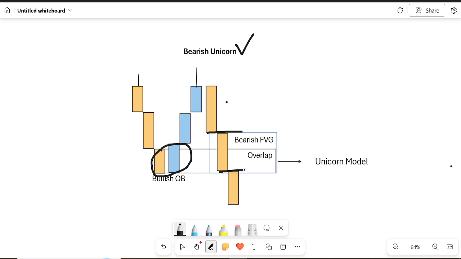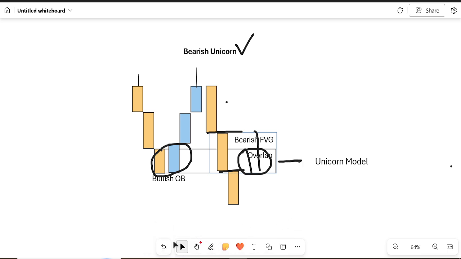We need to find the overlapping area between them, the common area where both these PD arrays meet or overlap. So here this is the total area of the fair value gap and this is the total area of the breaker block. Now this is the common area between the fair value gap and the breaker block. I mean the breaker block is completely overlapped by the bearish fair value gap. That is why this area will be called a unicorn model. It's a bearish unicorn model, I mean the unicorn model for the sell side.